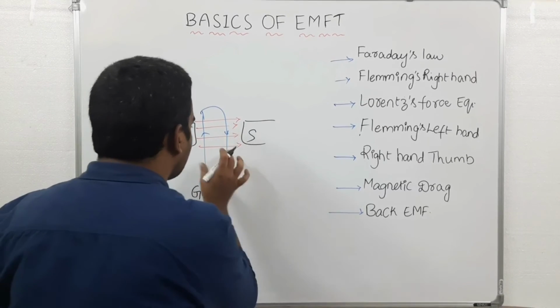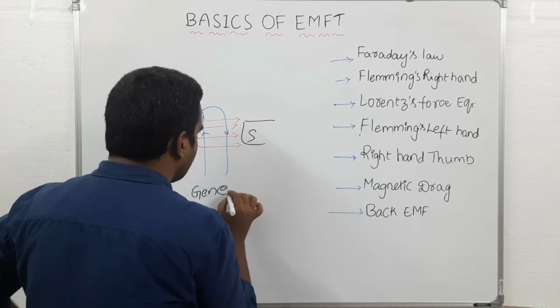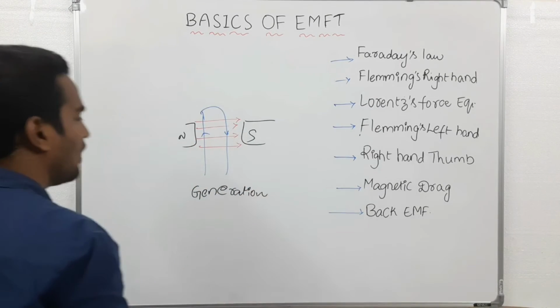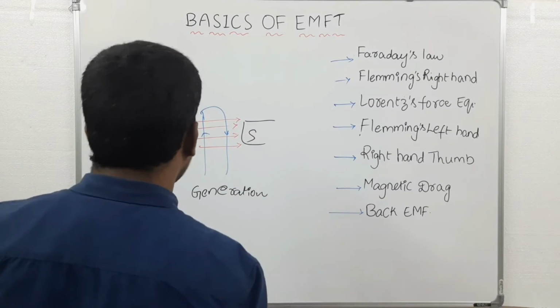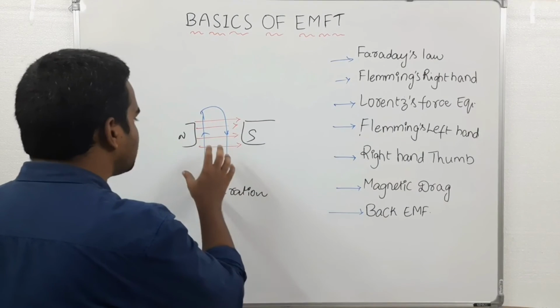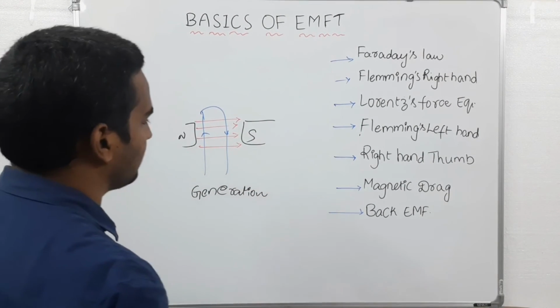So these current carrying conductors experience a magnetic force on them. Okay, that is called magnetic drag. The motoring nature in generator is called magnetic drag.